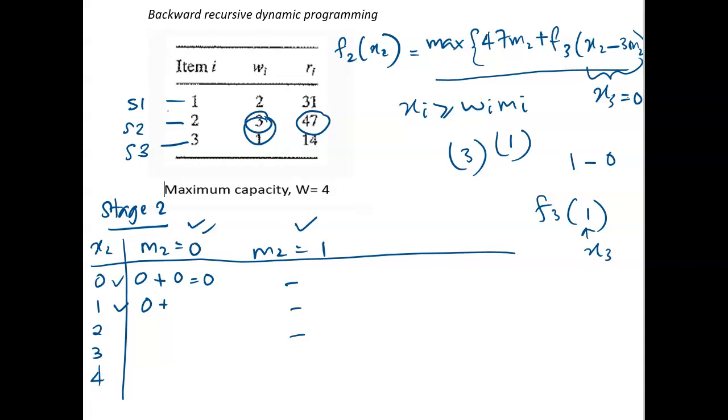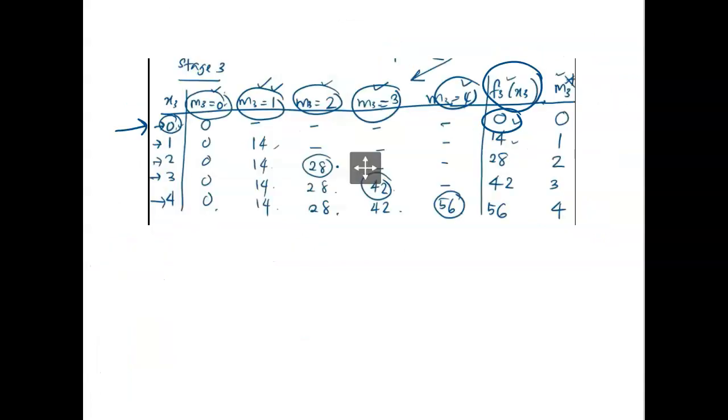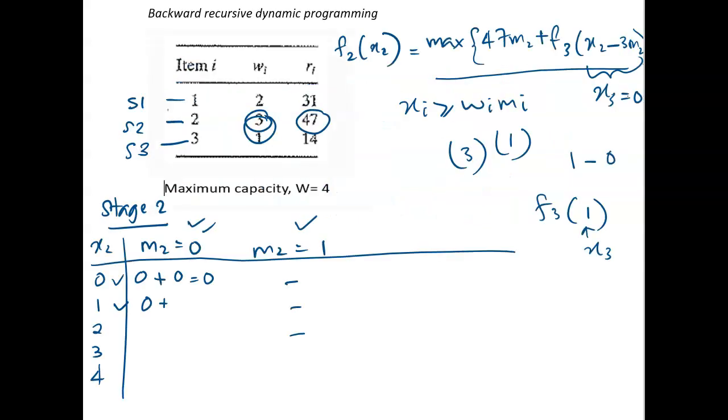So again, go back to stage 3 and get the value when x3 equals 1. When x3 equals 1, the value is 14. So you add 14 here. So 0 plus 14 is 14. And you have to do this for all of the values.